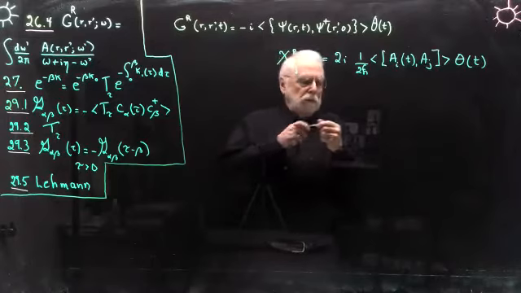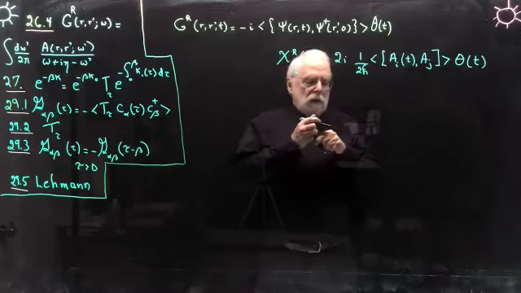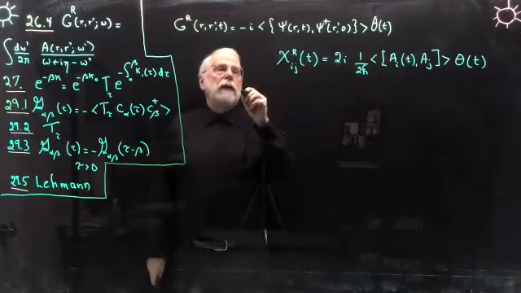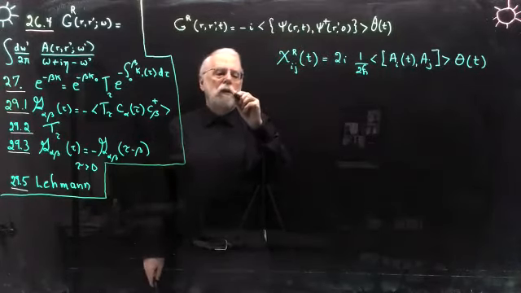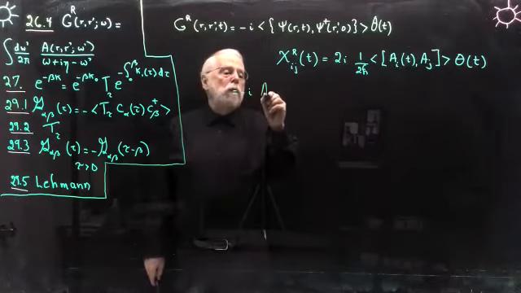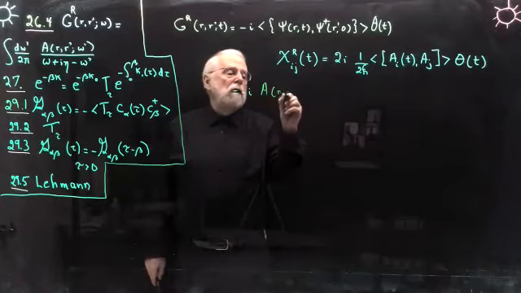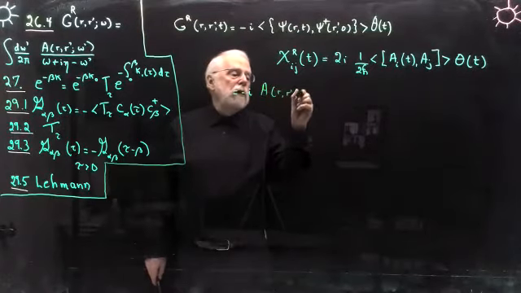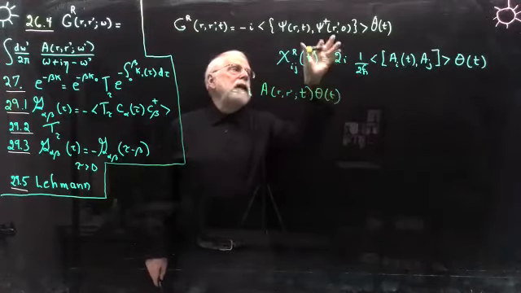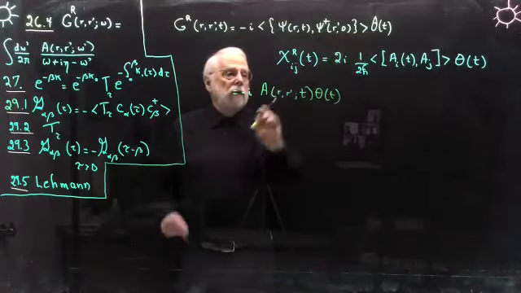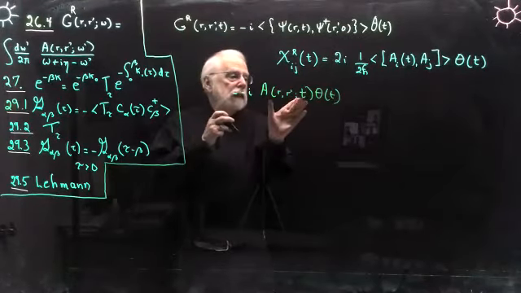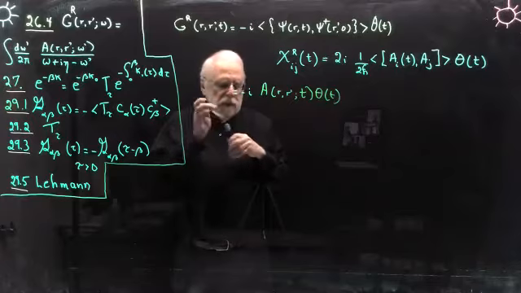So you see, with this, what we will do then, we will write that this is equal to minus i times the spectral weight of A of R prime, t times theta of t. And clearly the physics is in this. This is just the theta function. And we will see that this contains all the spectrum of excitations.